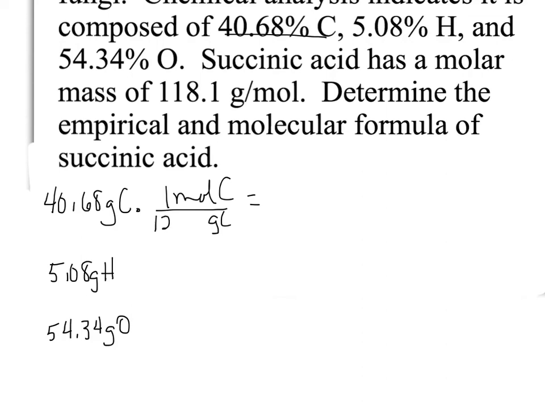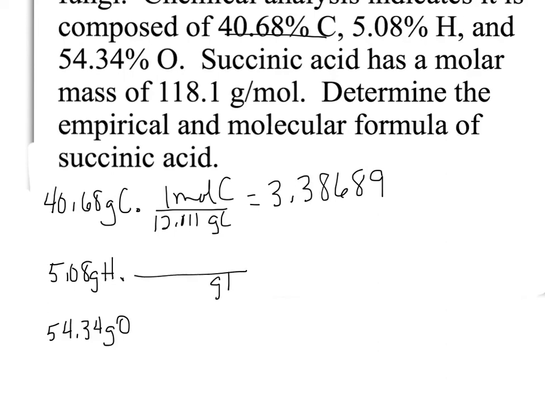The second step is to convert them to moles. So we have 12.011. We're using our periodic table, and get an answer there. And remember to write lots of decimal places, 3.38689. Okay, that's probably good. All right, same thing with hydrogen.